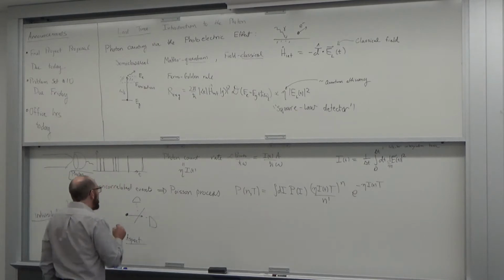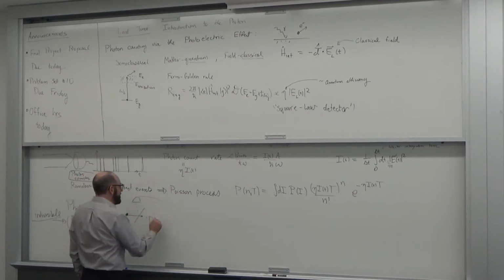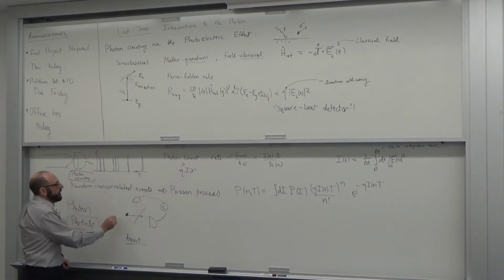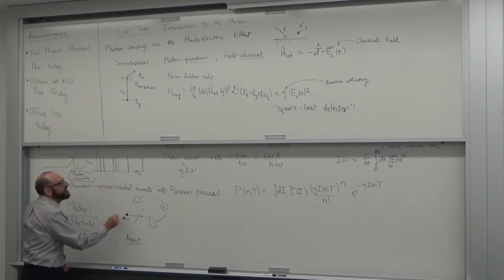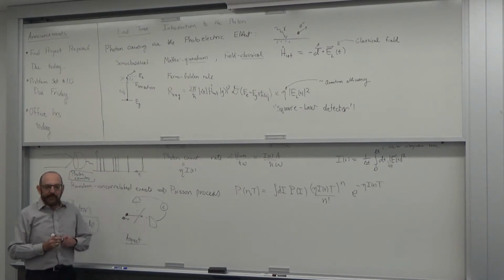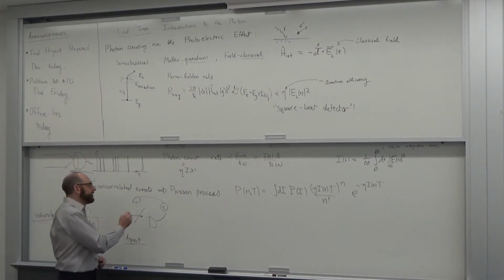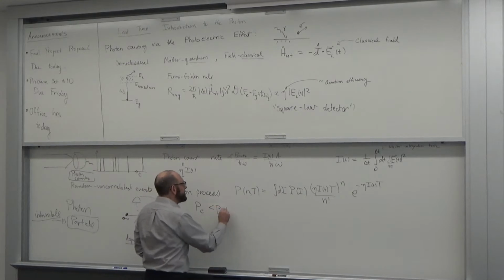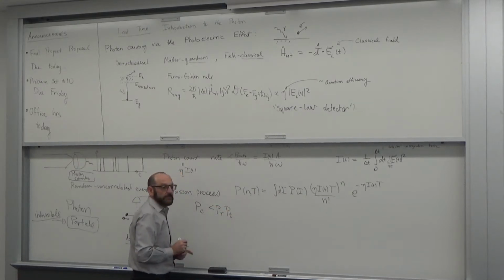But the bottom line was they looked at the coincidence counts here, and as long as not two photons were impinging on this beam splitter in the time window, what they would see is that the probability of coincidence was less than the probability of transmission times reflection.